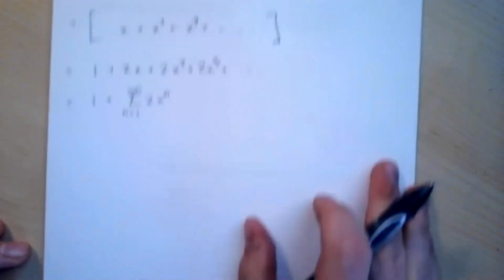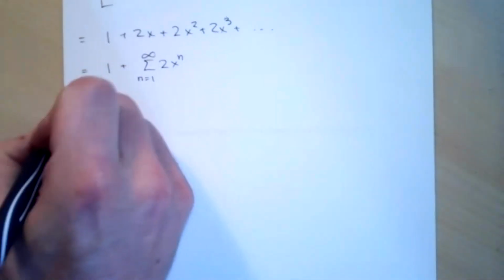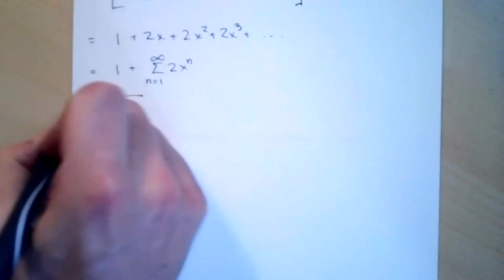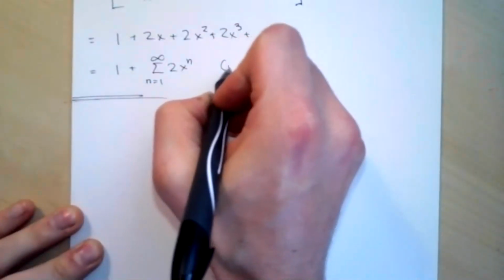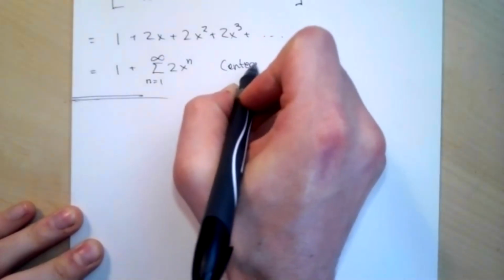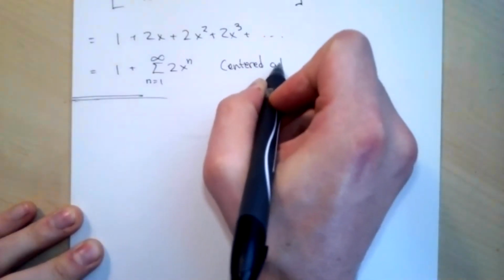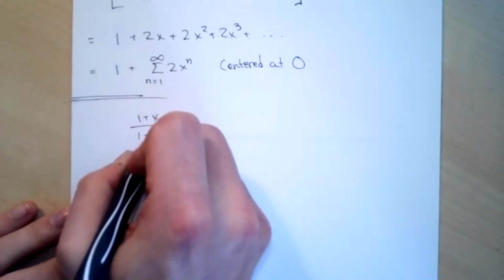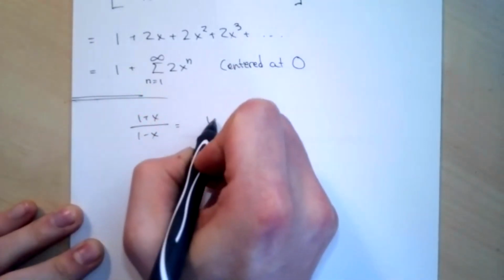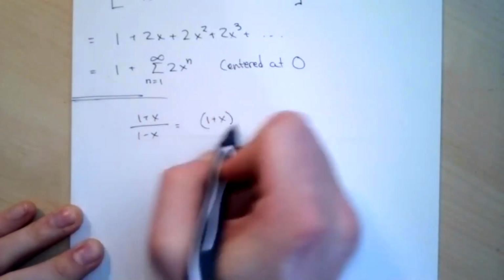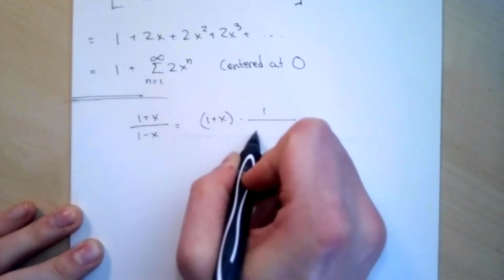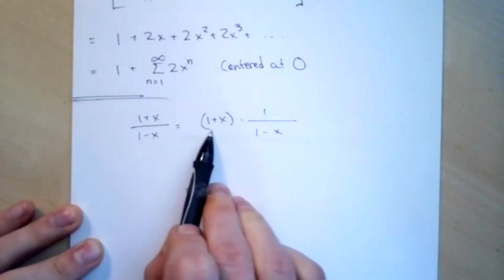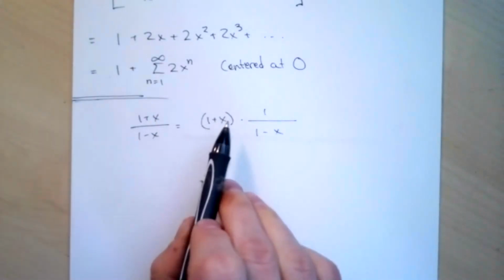I mentioned this in class, and there's another way to do this problem if we change the center of the power series. So this is centered at 0. If you take 1 plus x over 1 minus x and recenter it, the problem is this multiple of 1 plus x.